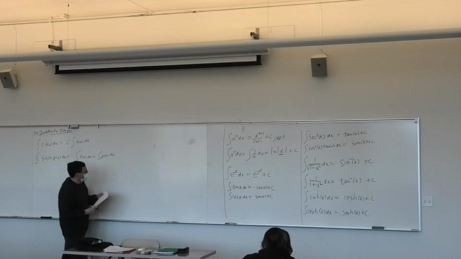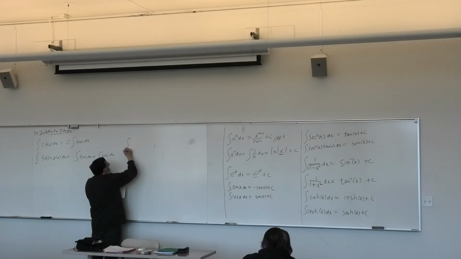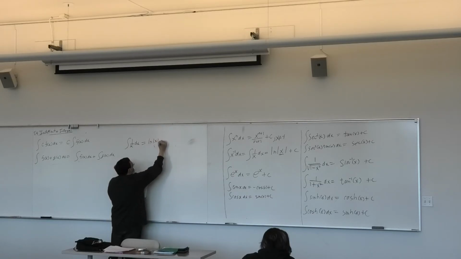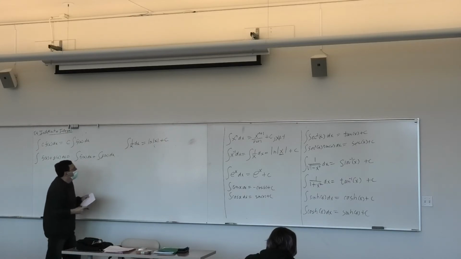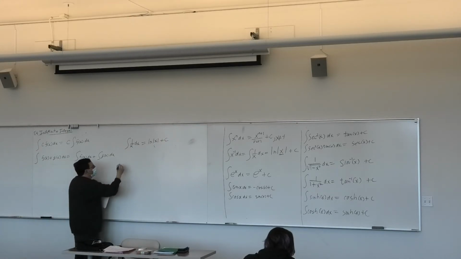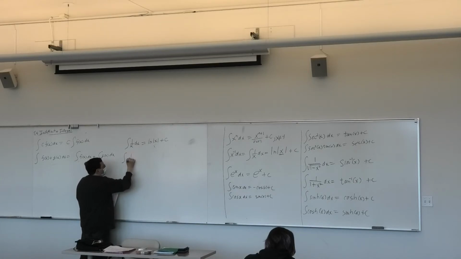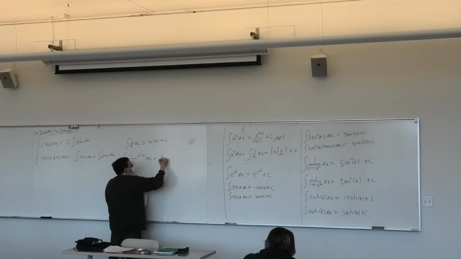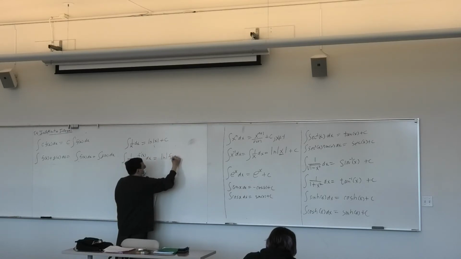So, for example, since you know the integral of 1 over x is the natural log of the absolute value of x, well, if you happen to see 1 over some function, and happily it's multiplied by its derivative, then this will be the log of the absolute value of that function.